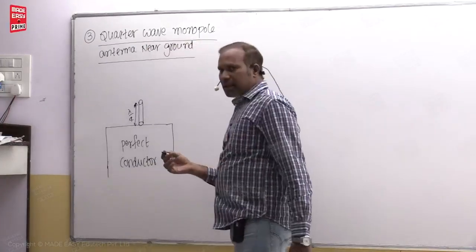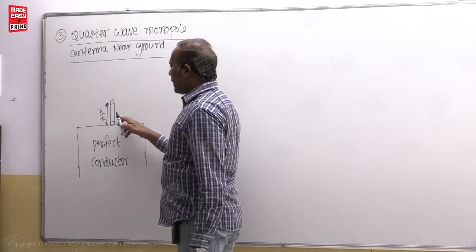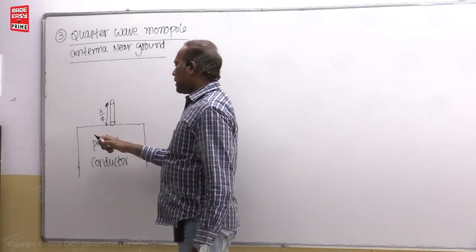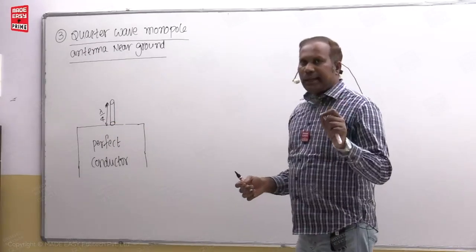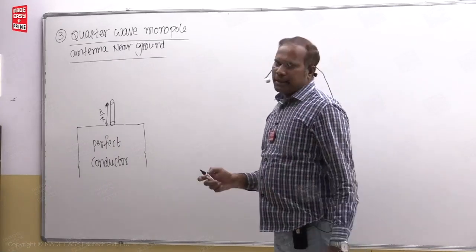Now, according to image theory, whenever any conducting rod is nearby the conductor surface, then you have to redraw the equivalent circuit using the image theory.